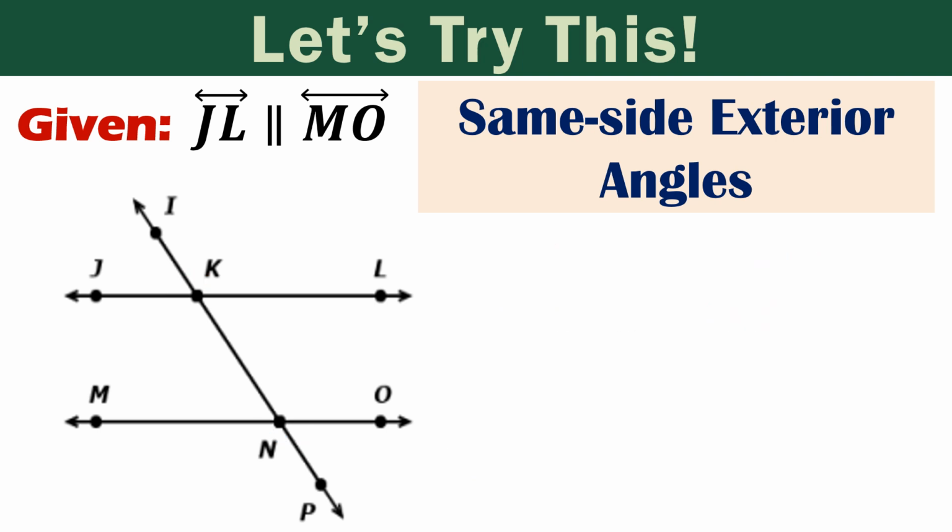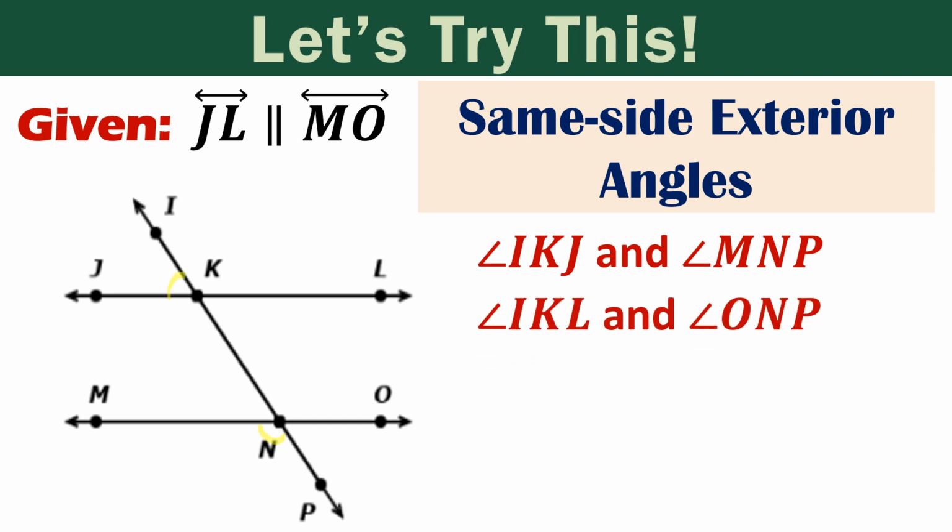Now, how about same side exterior angles? Now, let's have our first example. We do have IKJ, so this one, and MNP. And then the other one will be IKL and the ONP, so this one.